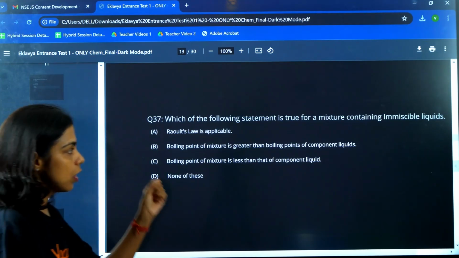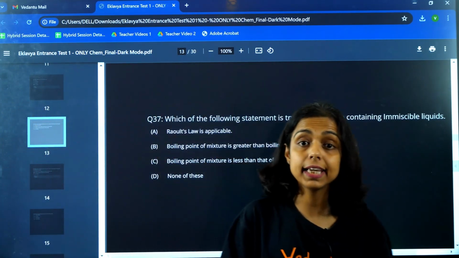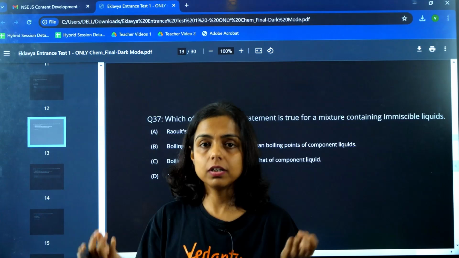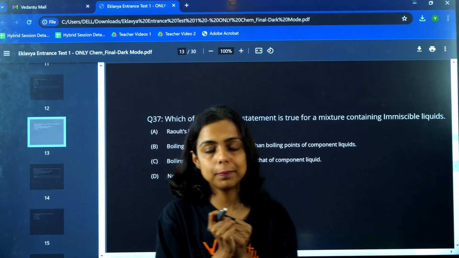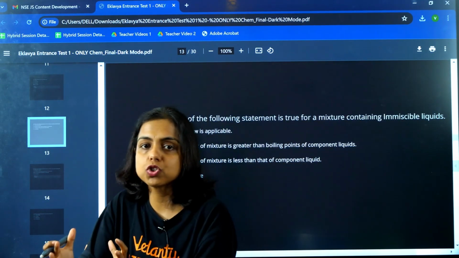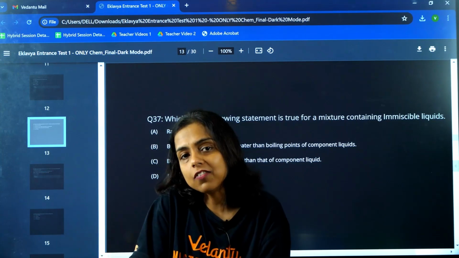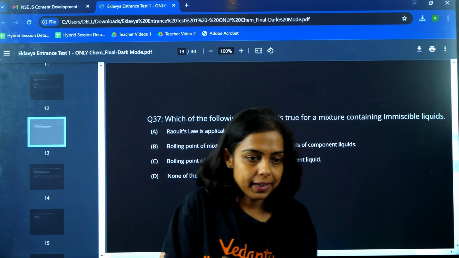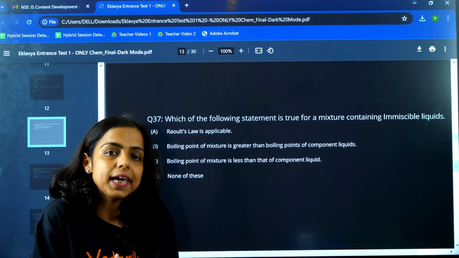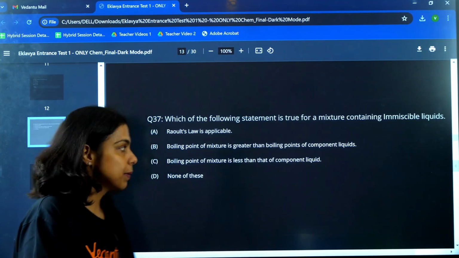Which of the following statements is true for a mixture containing immiscible liquids? If the liquids are immiscible, they cannot be mixed. That means the total pressure of the solution is the sum of the individual pressure of each liquid. So P total will be PA plus PB.